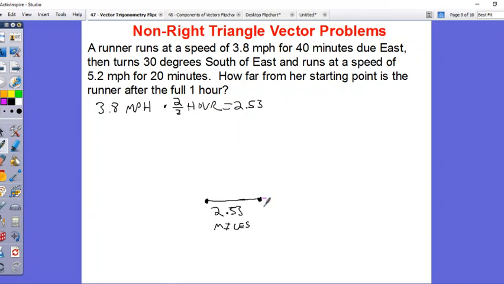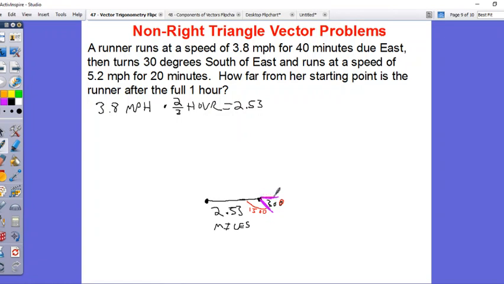So this angle right here is 30 degrees, which means our internal angle is 180 minus 30 degrees. So this angle is 150 degrees.